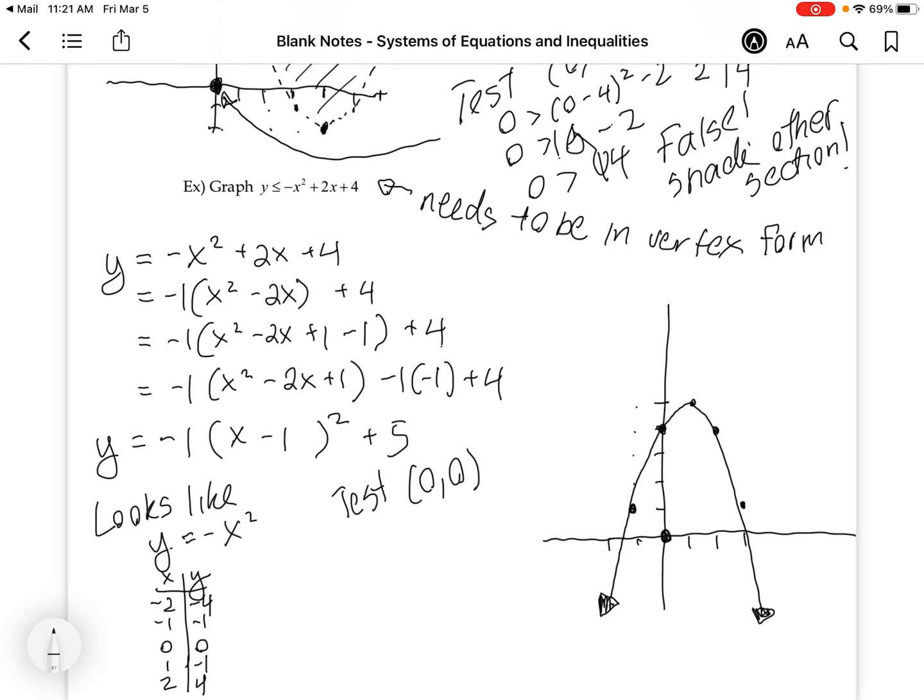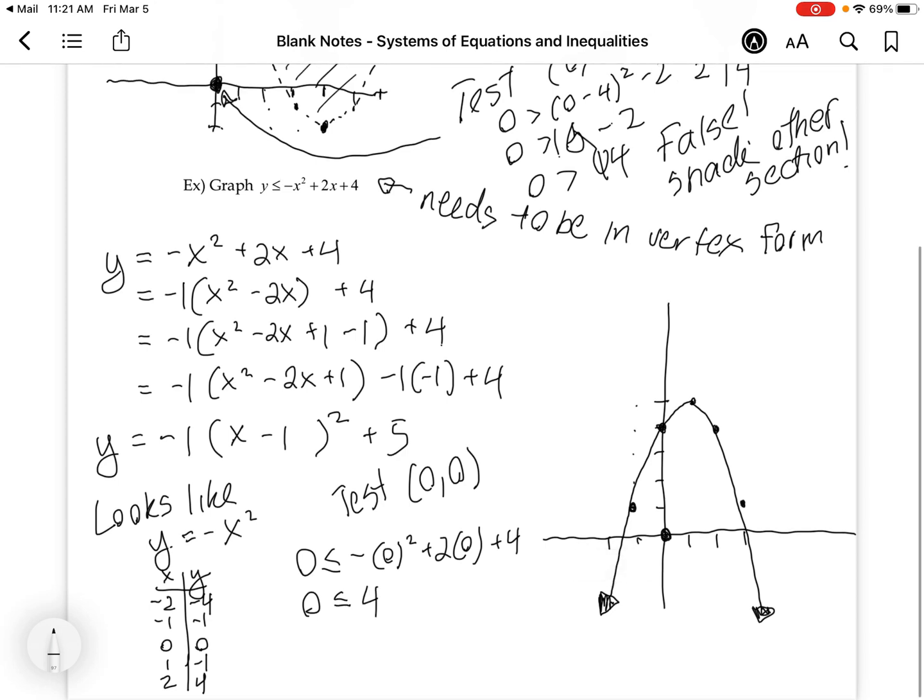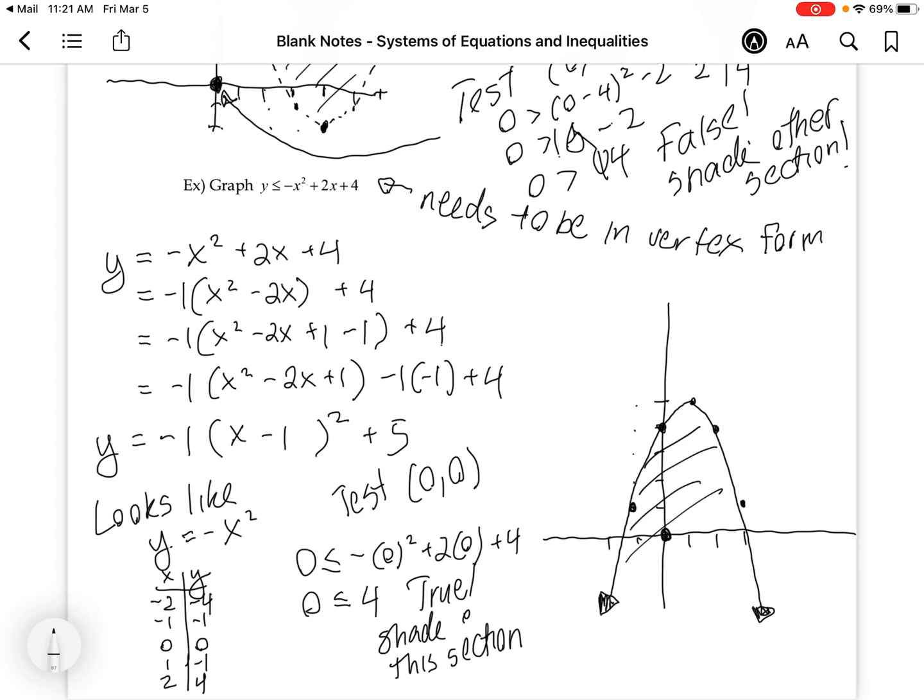So I'm going to test the original, and so I'll put is 0 less than or equal to negative 0 squared plus 2 times 0 plus 4, and this is going to become is 0 less than or equal to basically 0 plus 4, and this is true. So that means we shade this section, and then we're done.